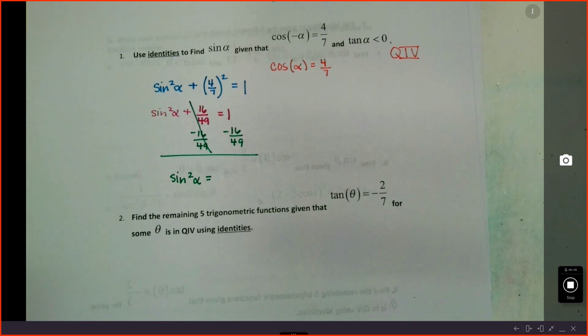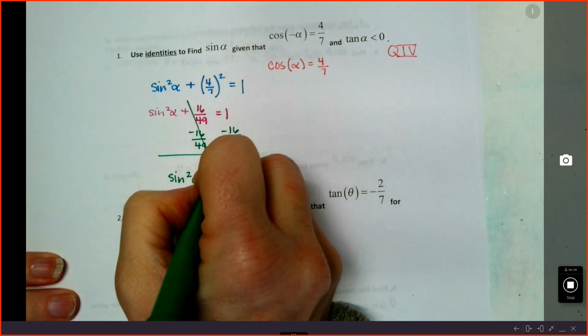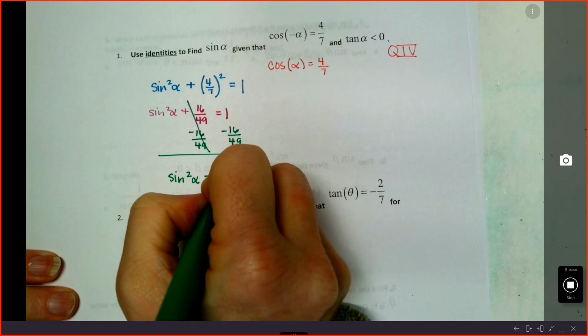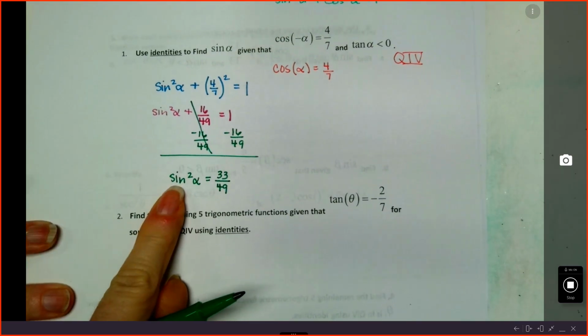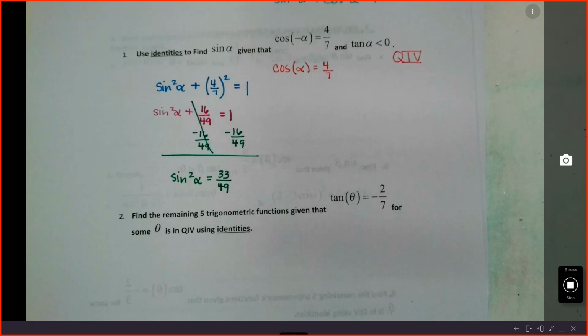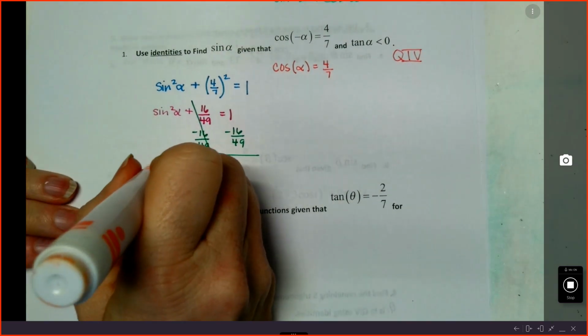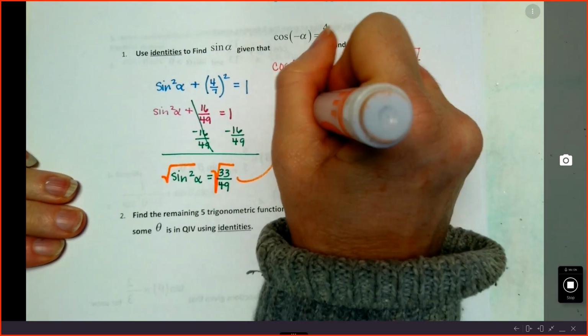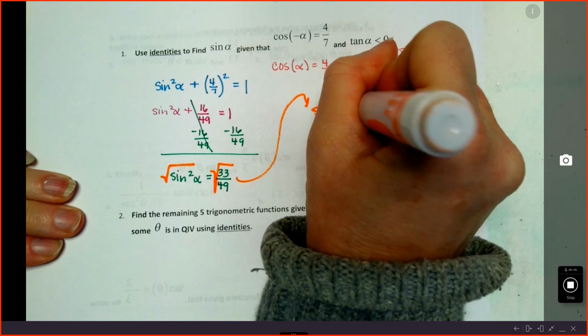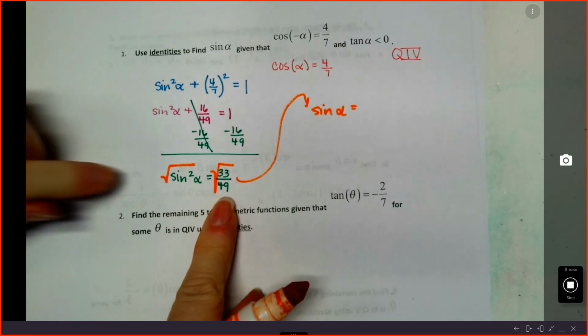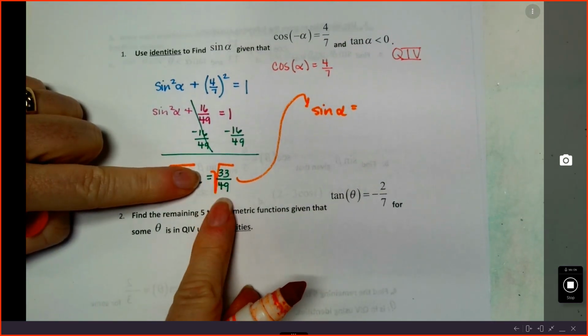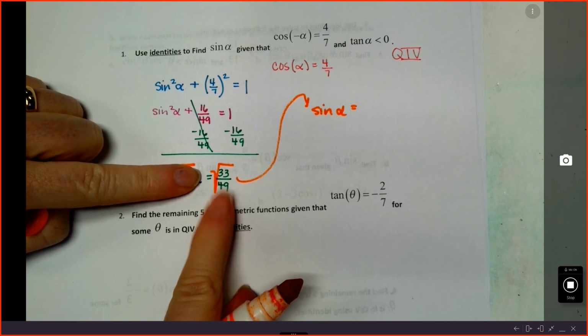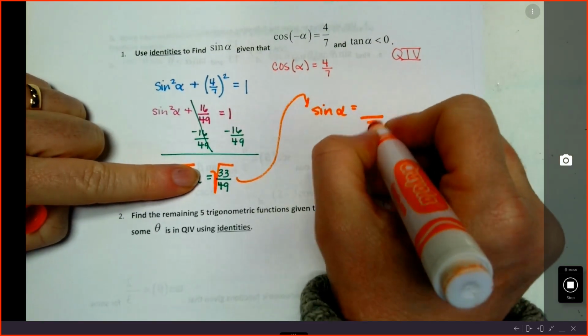So I get 33/49. But that's sine squared alpha, and I need just sine alpha, so I'm going to take the square root of both sides. And that'll give me sine of alpha. That square root sign goes all the way down to the bottom, so I need to take the square root of the top and the square root of the bottom. Luckily for me, 49 is a perfect square, so that gives me 7 on bottom.